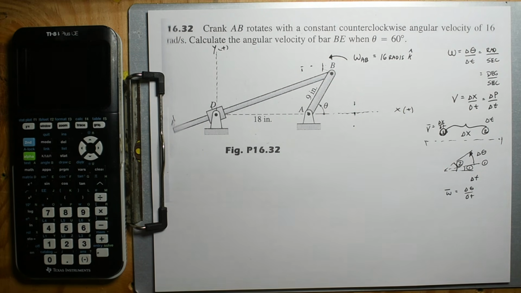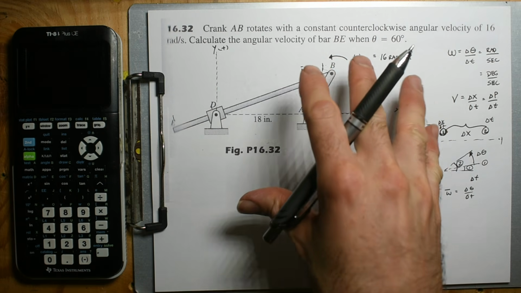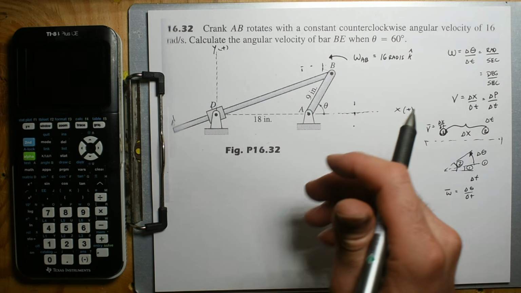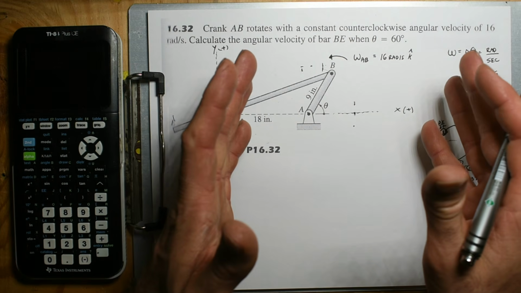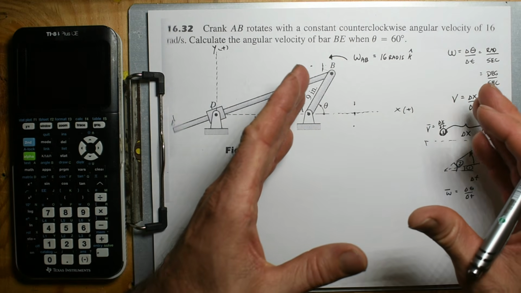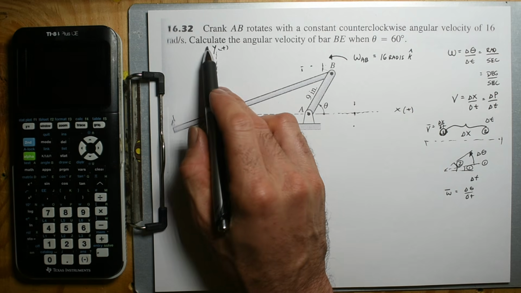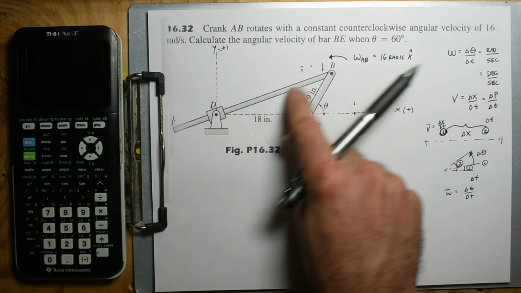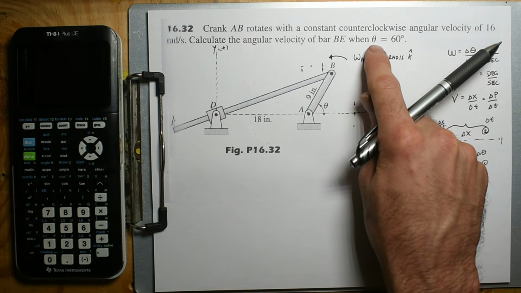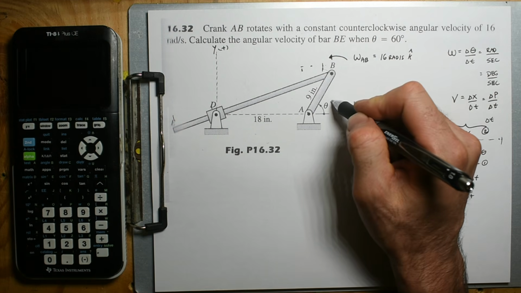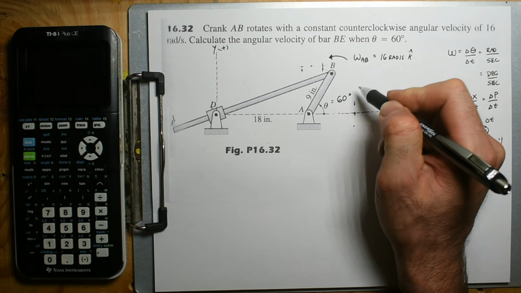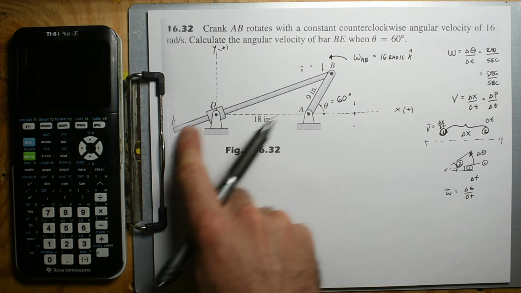Alright, cool. But these are a type of dynamics problem where they just ask, at this time or this angle, what's happening? So that's what it says: calculate the angular velocity of bar BE when this angle is 60. So when this angle is 60 degrees, I want to know what the velocity is.